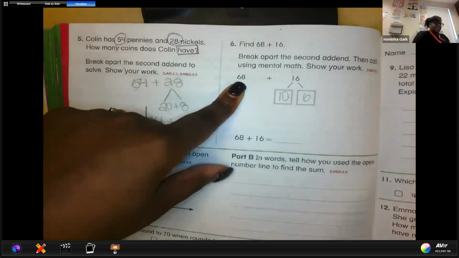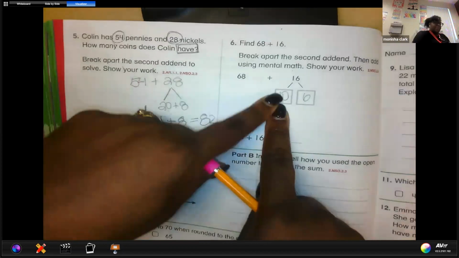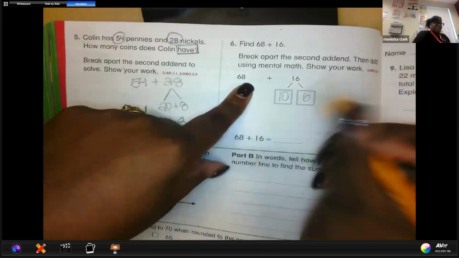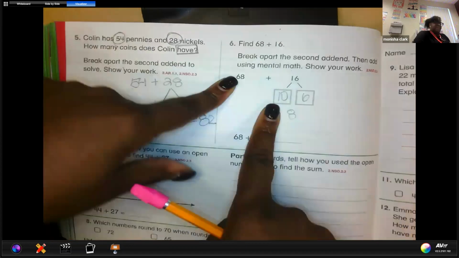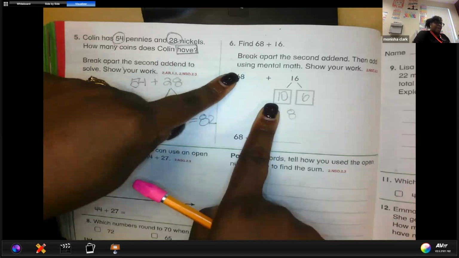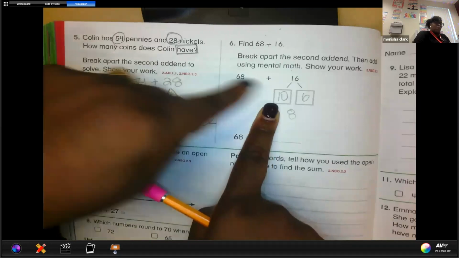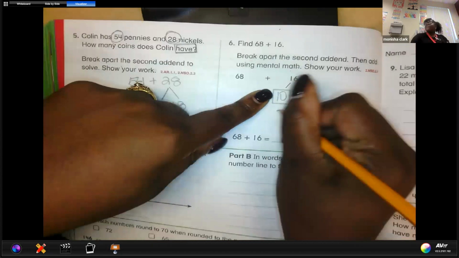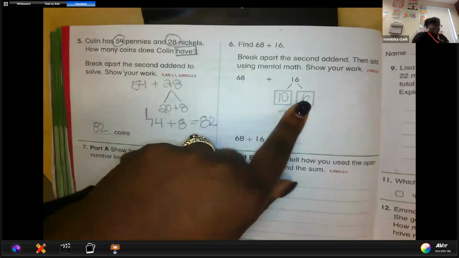When we're adding tens, we know that the 0 is always going to keep that second number the same. And then we only need to add the 1 or whatever the 10 is to the other add-in. So we have 6, and we know 6 plus 1 is what? 7. But friends, we still have to add what? The 6.